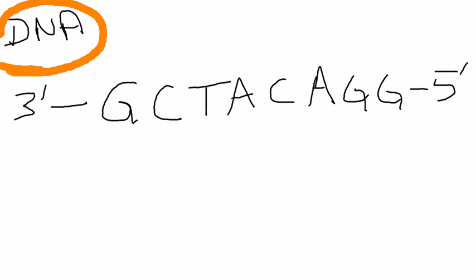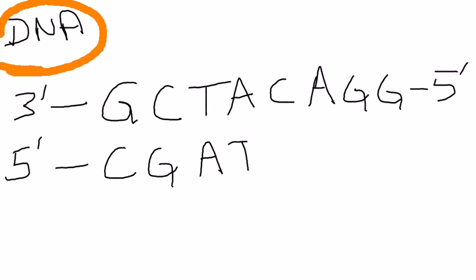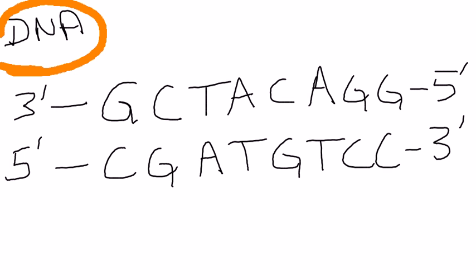So what you can do here is put in the complementary DNA and then convert it. So the complementary DNA would be C, G, A, T, G, T, C, C 3'.